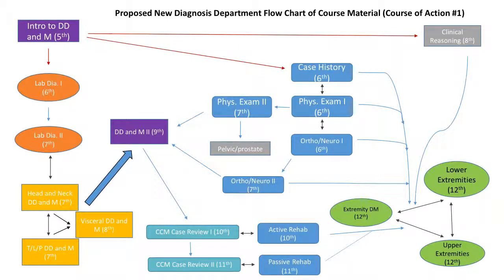Those have been moved earlier in the curriculum. And you'll also notice that case history has been moved to the 6th quarter, and an introductory to differential diagnosis and management has been added.